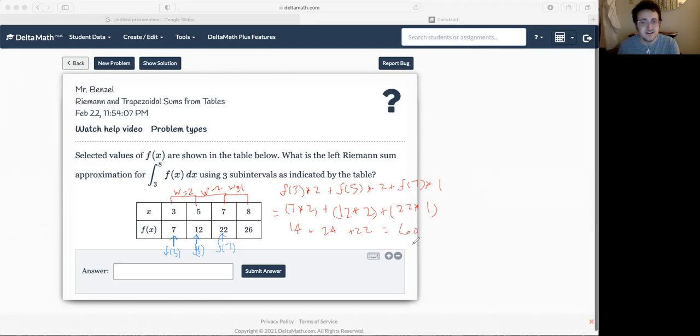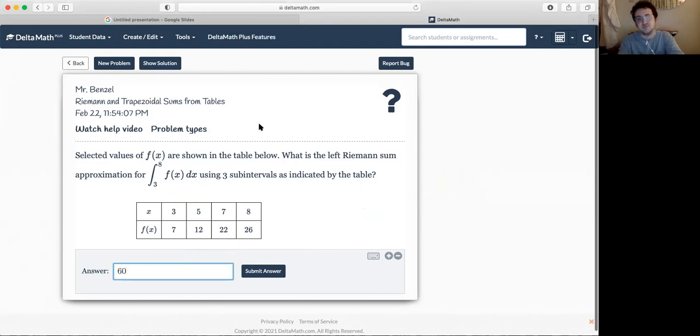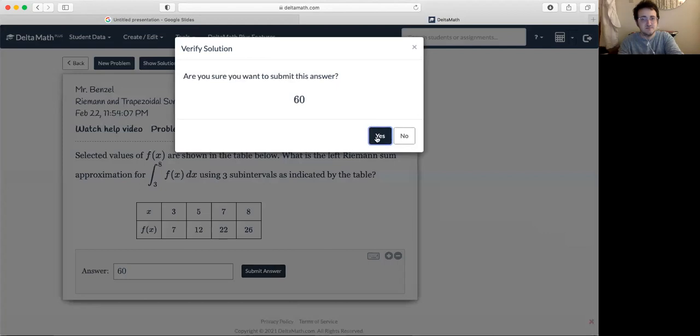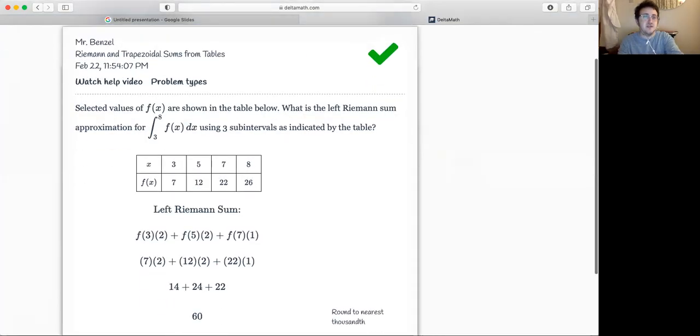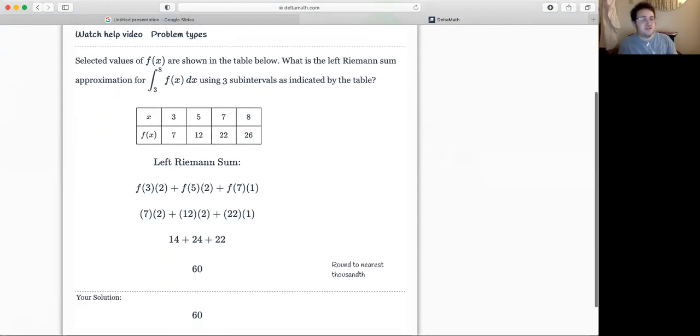That gets me to 60. And you can see that they did the exact same setup as well, using the 3, the 5, and the 7 to dictate what the y values are, and then thinking intentionally about the width.